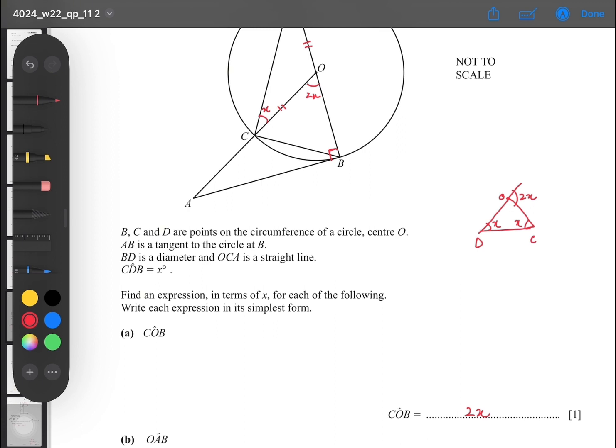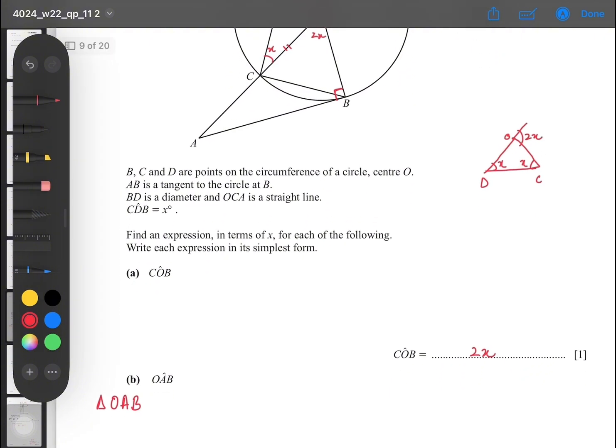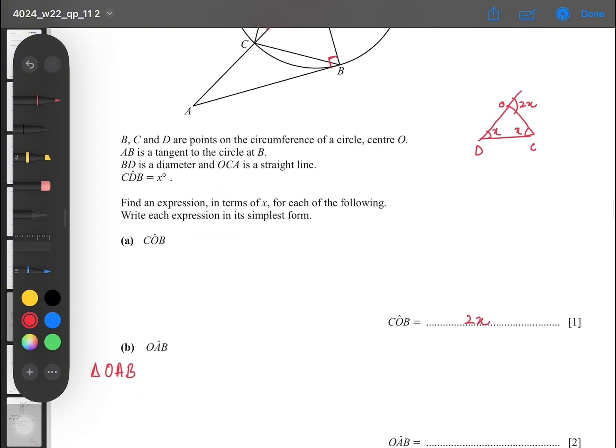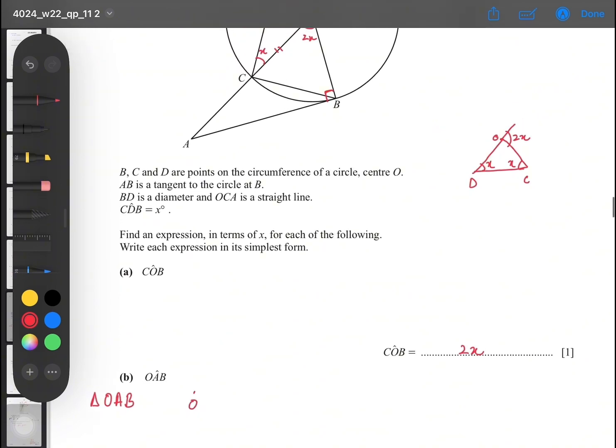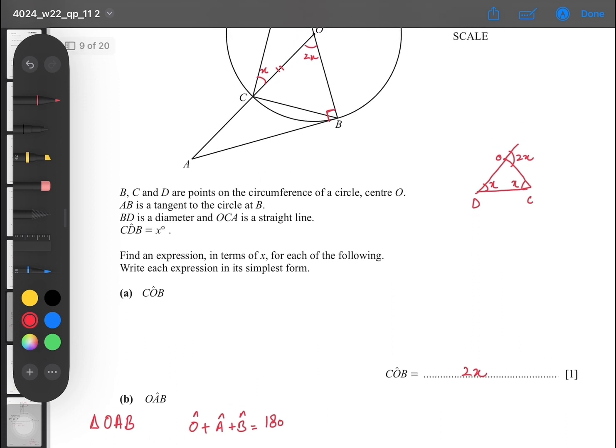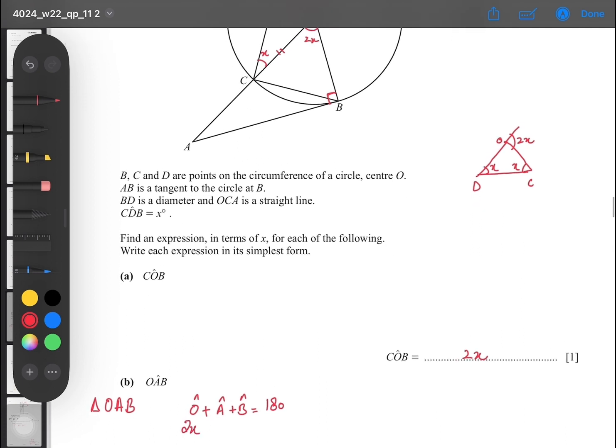So if we consider triangle OAB, angle O plus angle A plus angle B is equal to 180 degrees, and angle O is 2x. Angle A we need to find out, and angle B is equal to 90 degrees.